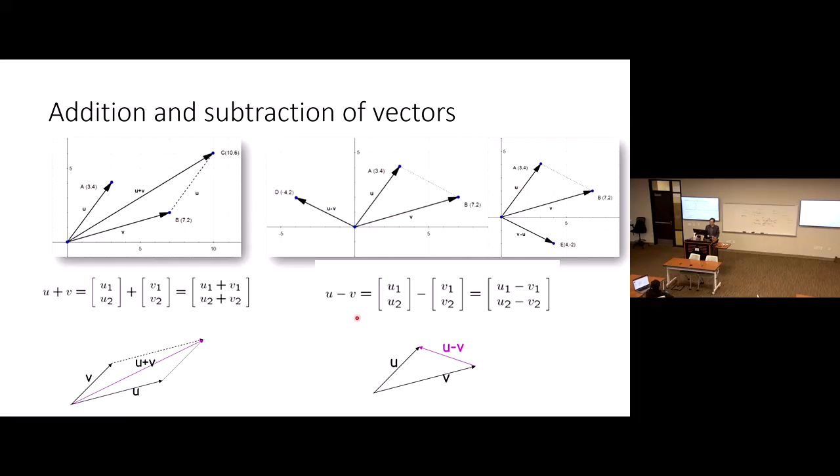So this is the subtraction of two vectors. If you do U minus V, you will get this vector. This vector represents U minus V, or V minus U, which is this one as well.